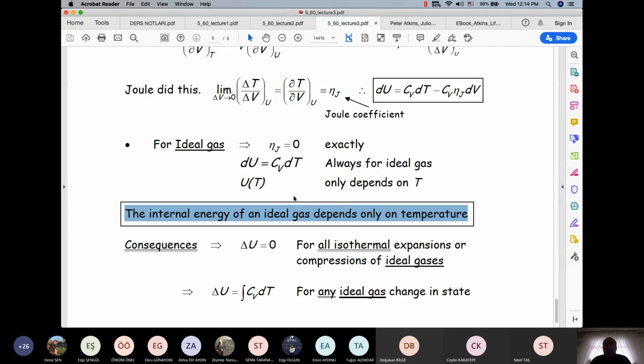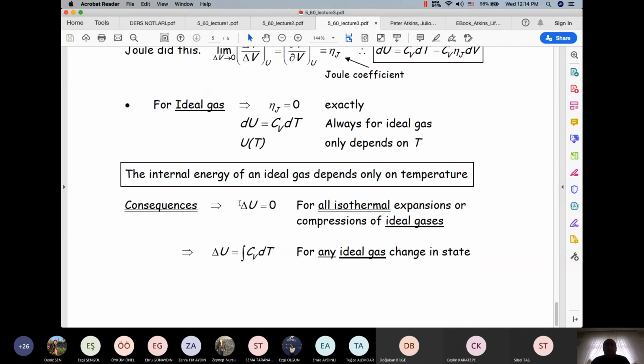So what is the consequence? Delta U is 0 for all isothermal expansions or compressions of an ideal gas. If we are talking about an ideal gas and an isothermal process, the energy change must be 0.